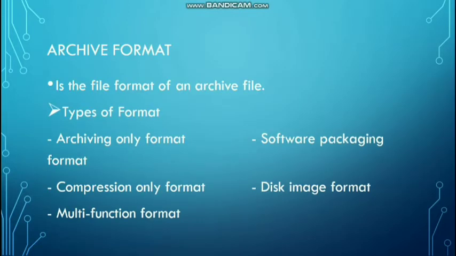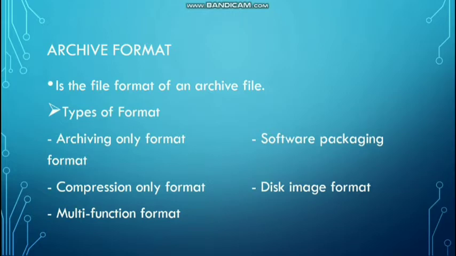Archive format is the file format of an archive file. Some formats are well defined by the authors and have become conventions, supported by multiple vendors and communities. Types of format: archiving-only formats store metadata and concatenate files. Compression-only formats only compress files.